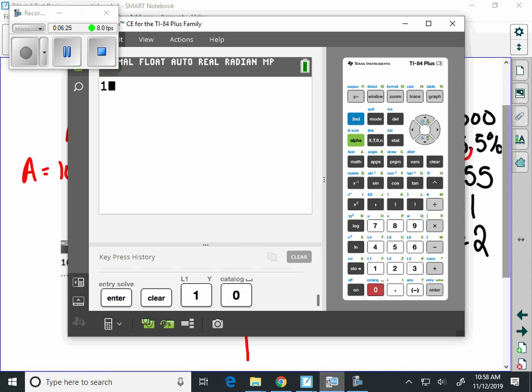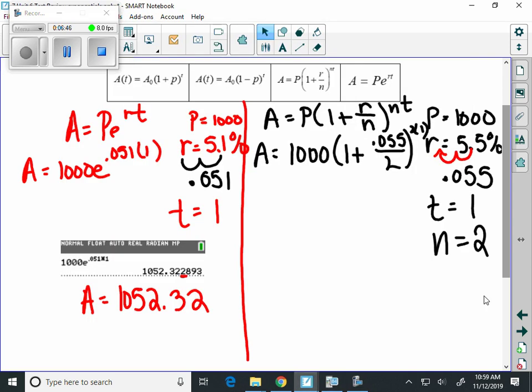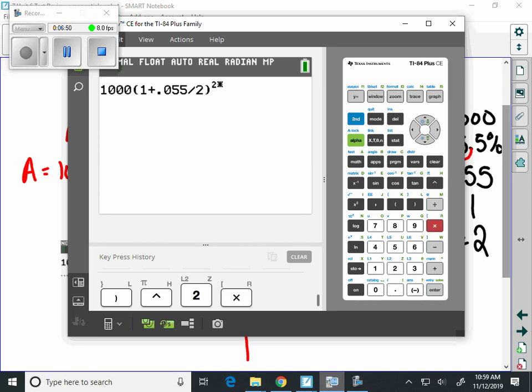Now let's type it into our calculator. It's 1,000 times 1 plus 0.055 divided by 2, close the parentheses, to the, again, if you have an out-of-date calculator, put the parentheses in now, and it's going to be to the 2 times 1.